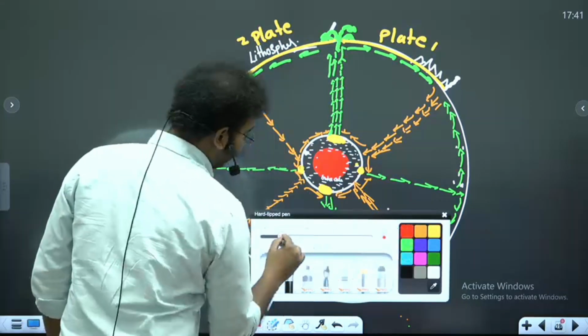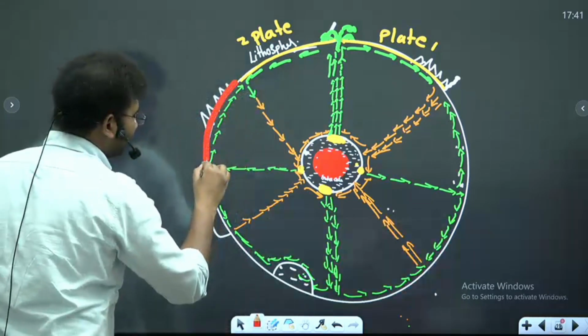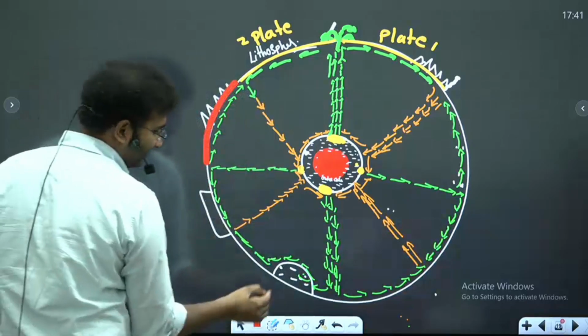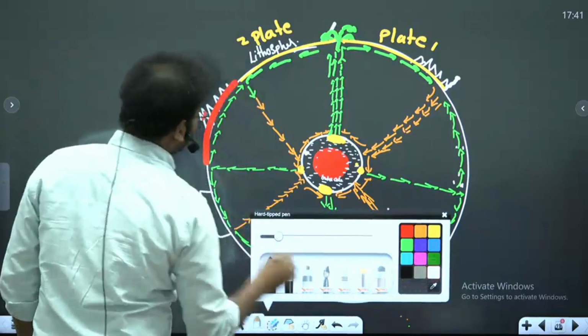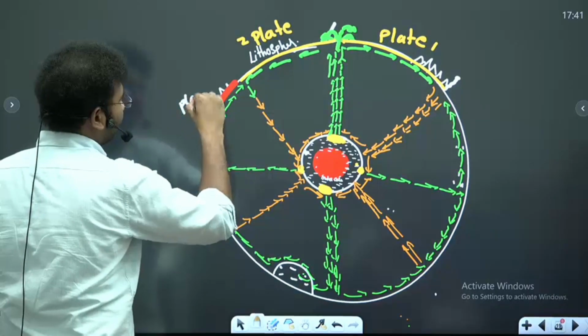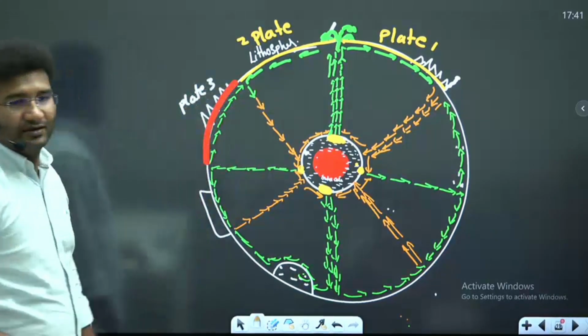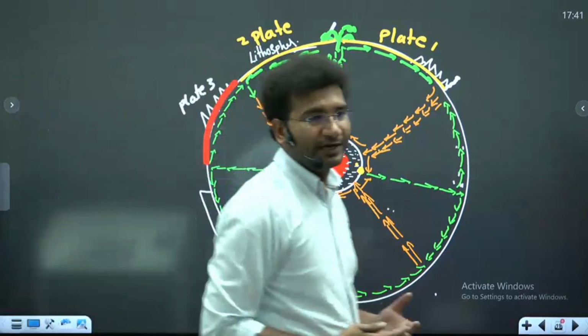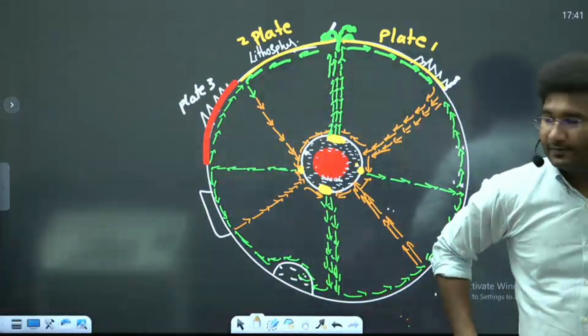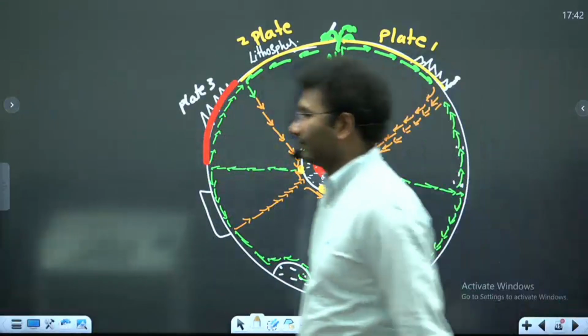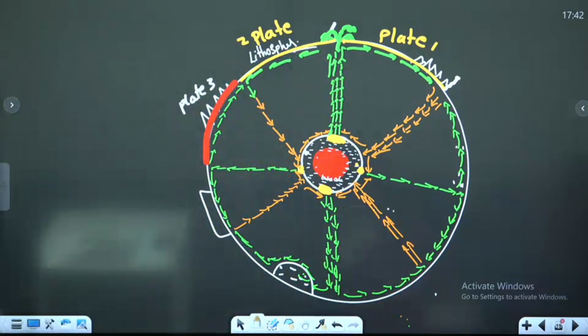This can be your third plate. This part of the area where the convectional cell is there, it is plate 3. Likewise, your Earth is made up of multiple plates. Got it?